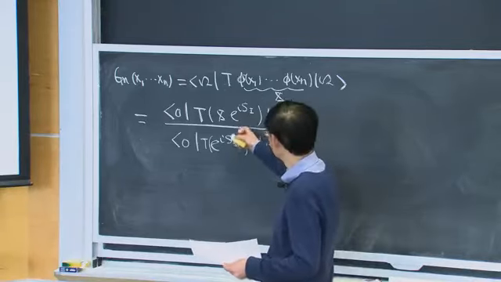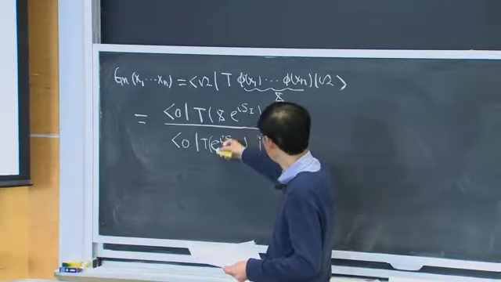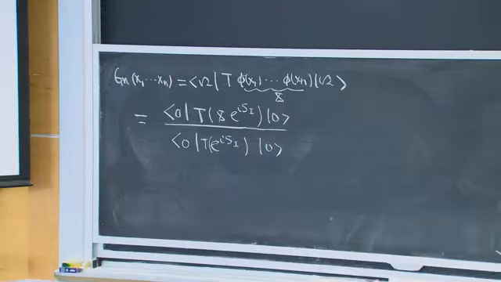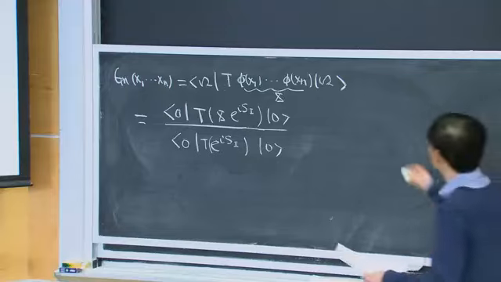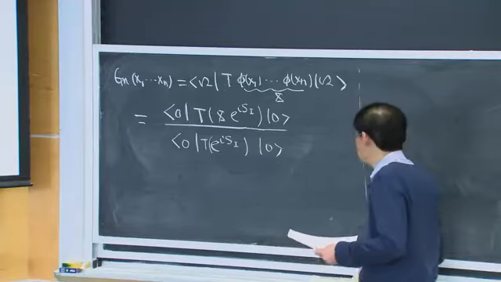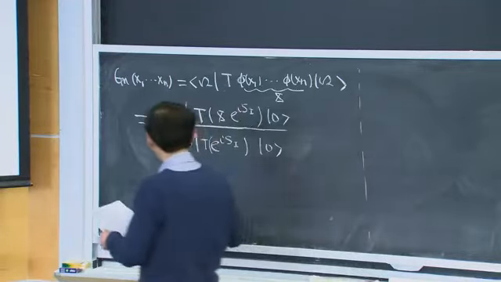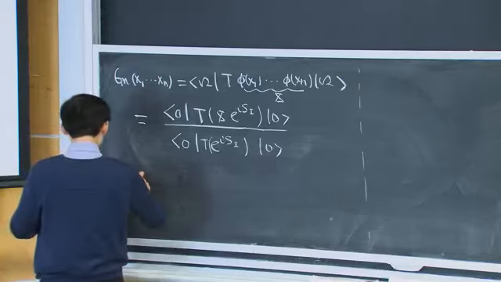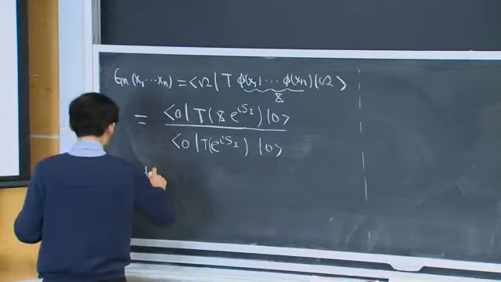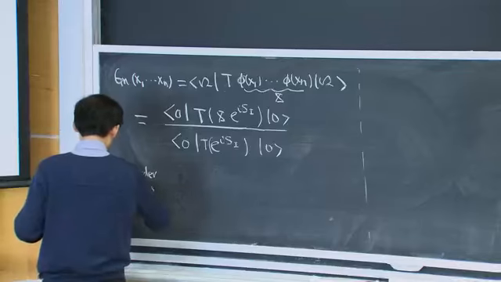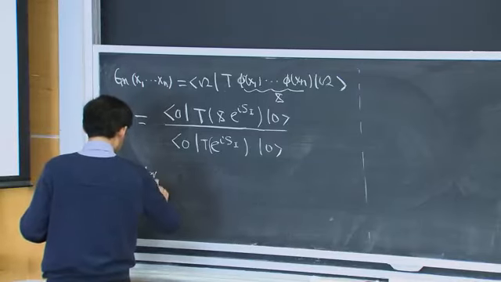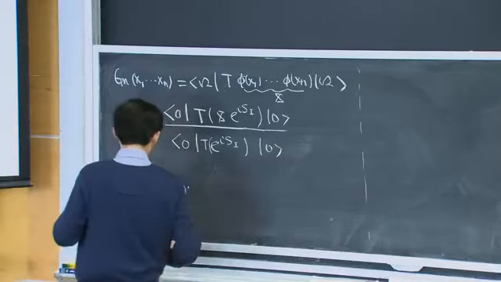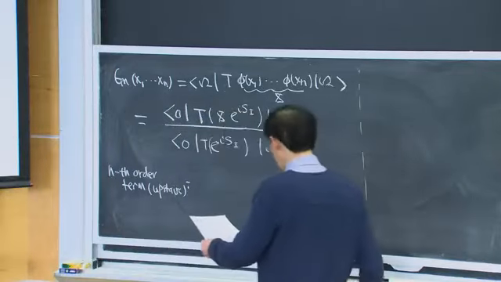So what we do is we just expand these two exponentials in power series. When you expand in power series, then for example the nth order term in the upstairs has the following structure.